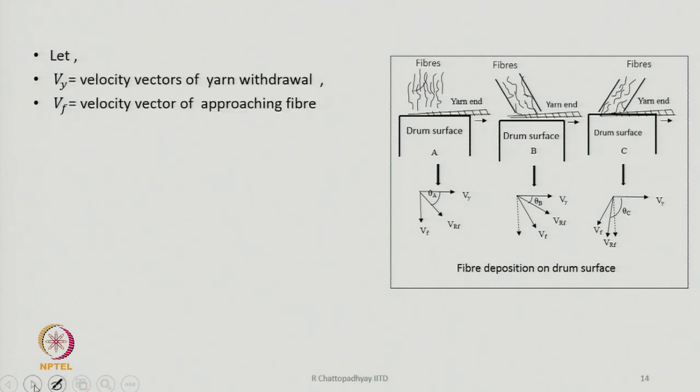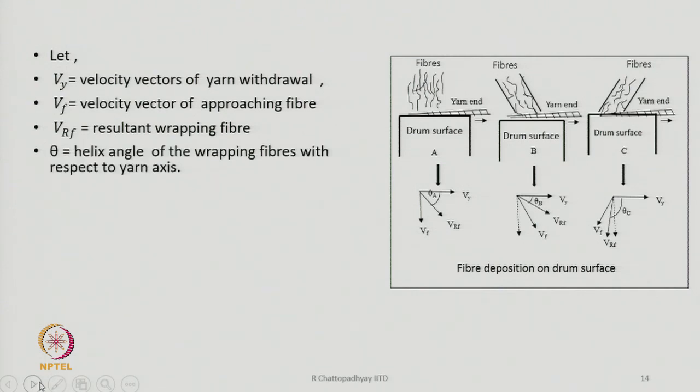Now, this has been depicted also by these diagrams, where V y is the velocity vector of the yarn withdrawal and V f is the velocity vector of the approaching fiber, and V r f becomes the resultant wrapping fiber.